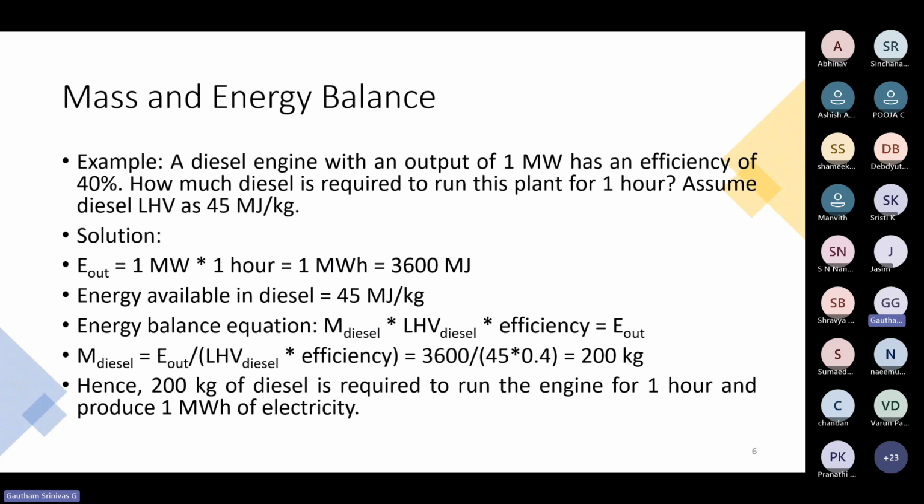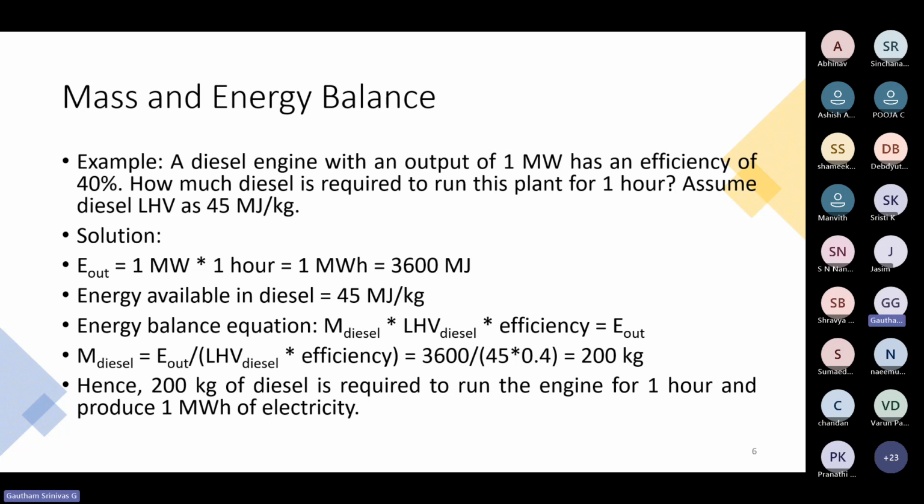I have 1 megawatt hour, which is 3600 megajoules. The energy available in diesel is 45 megajoules per kg. The energy balance equation is simply the mass of diesel times the LHV of diesel. That will give you the energy input to the system.